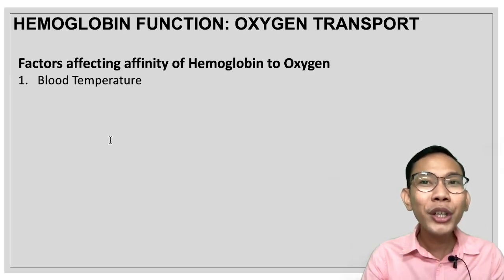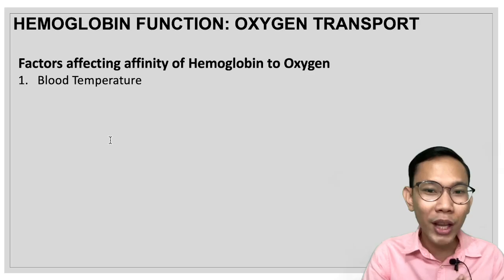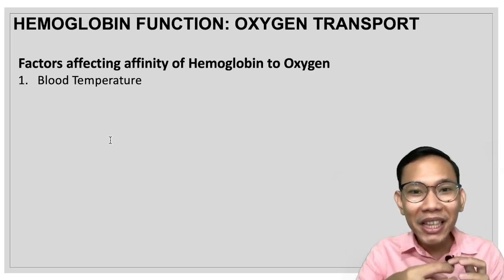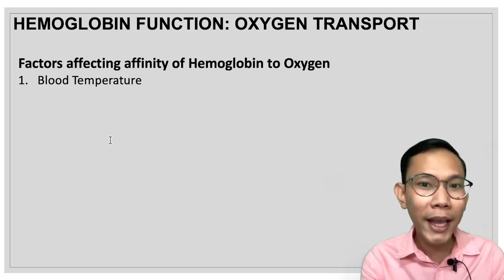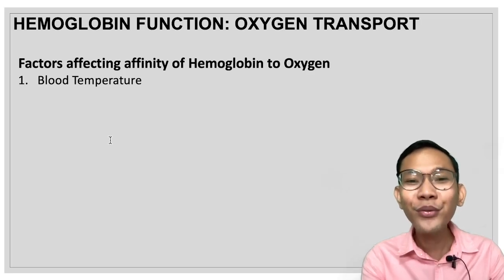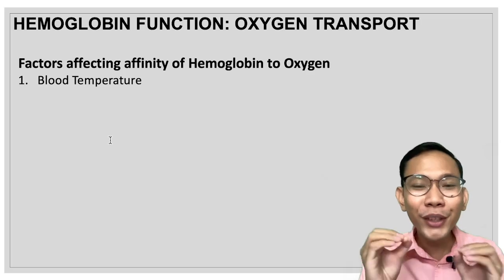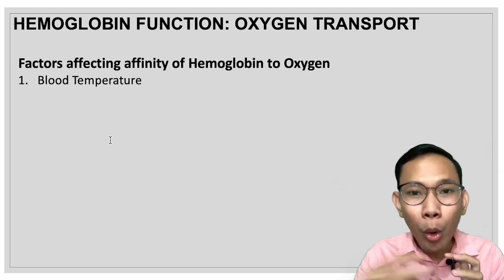Mataas ang temperature, therefore, nasisira or na-denature yung ating bond between your hemoglobin and oxygen. So, therefore, nare-release ang ating oxygen. Is that shift to the left or shift to the right? Of course, that is shift to the right. Remember, shift to the right, ano nangyayari sa shift to the right? You are willing to give more oxygen.